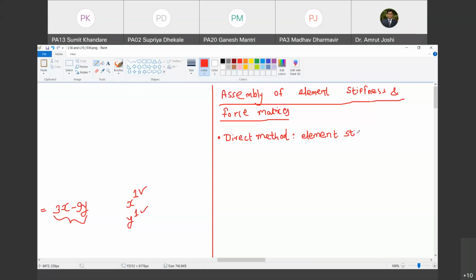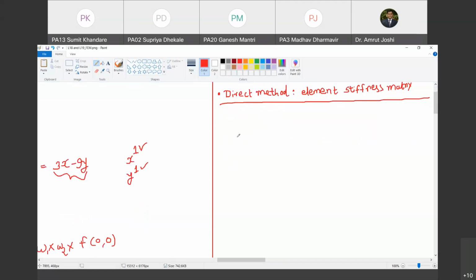Yes, sir. So let us do this stiffness matrix. And I'm going to demonstrate this entire procedure using an example. Are you with me? Yes, sir. So let us start with this.